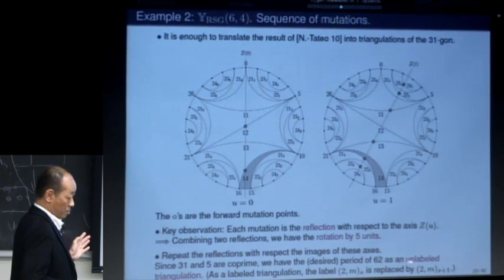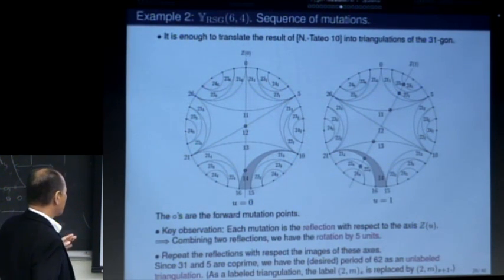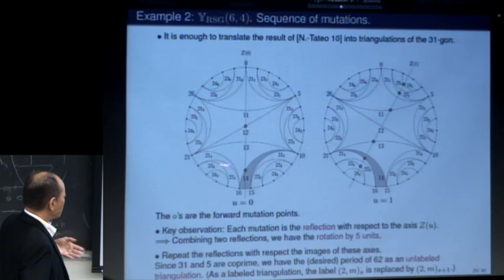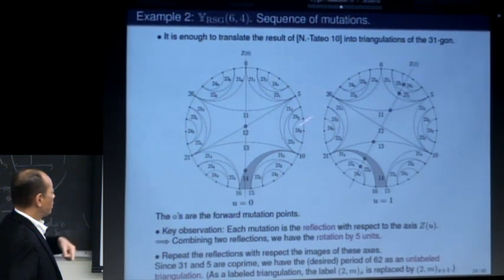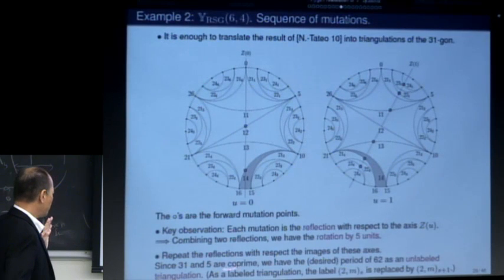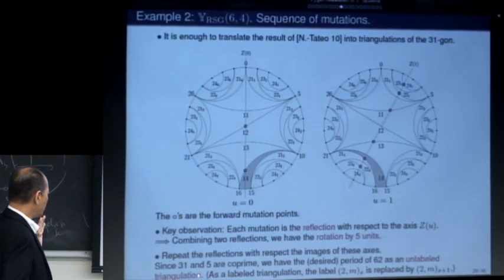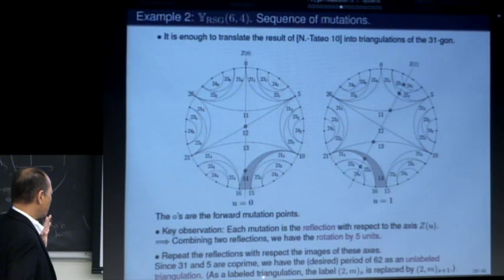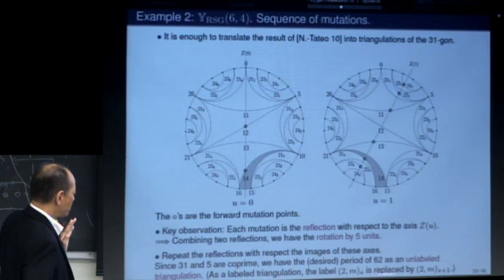So this is the period. What I said is that periodicity is just realized as the full rotation of this diagram. To be more precise, this is a period of the unlabeled triangulation, and it is not a period of the labeled triangulation. The labels are shifted.